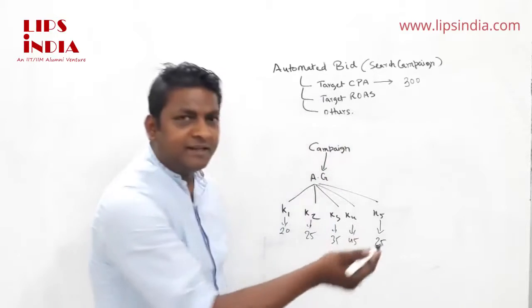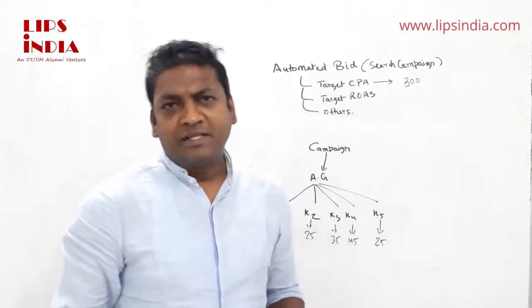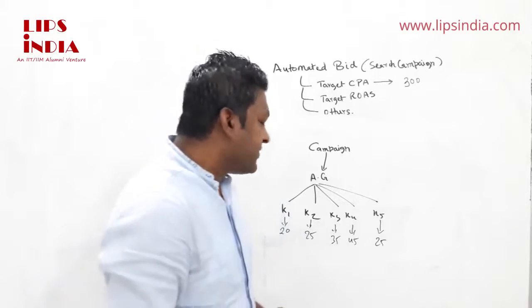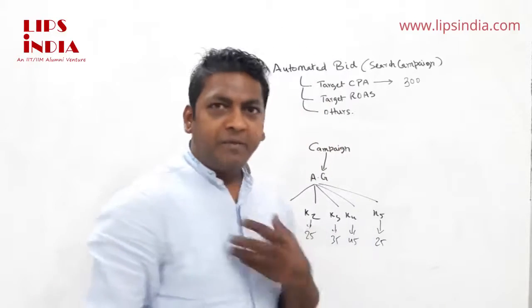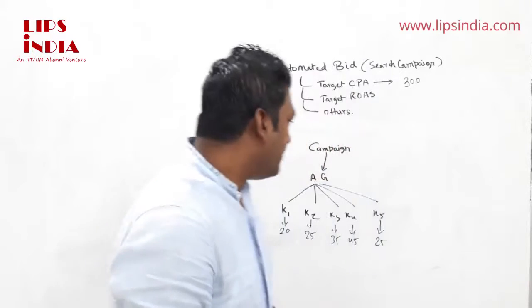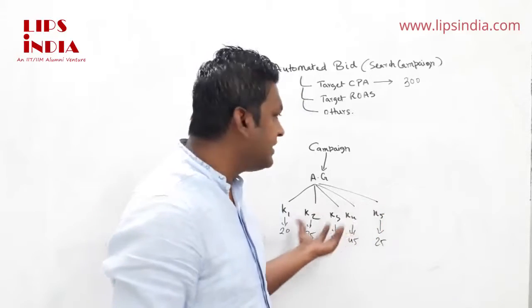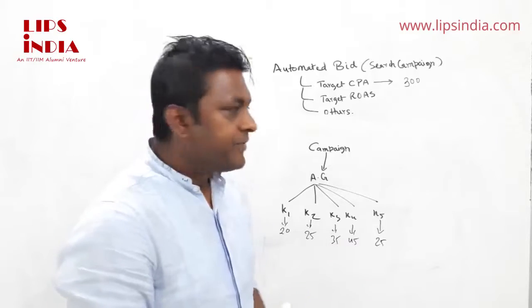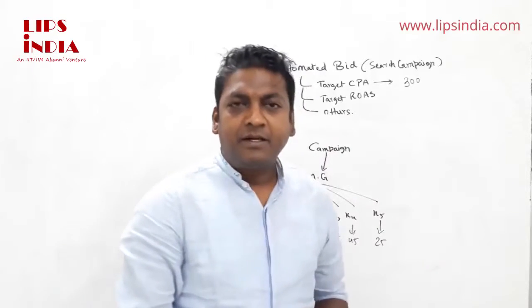You might have different reasons for having different bids for all these keywords, or you might have the same bid for all these keywords. When you enter into an auction, you pay money depending on the competition level there, the ad which is right beneath you with respect to the ad rank and the query score. However, when you bid yourself, you bid on all these keywords because you've chosen them as a part of your ad group.